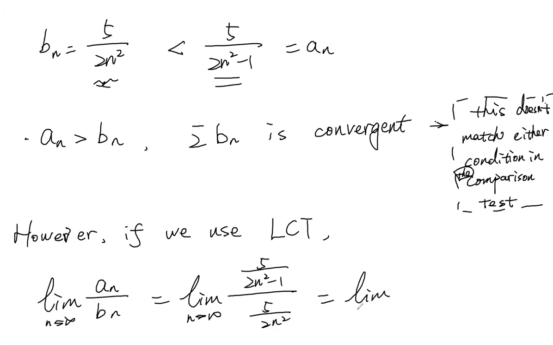This equals the limit of 2n squared divided by 2n squared minus 1. Again, you can use L'Hopital's rule or just divide both the numerator and denominator by the highest power term. Then you get 1, which is neither 0 nor infinity, so it satisfies the condition in the limit comparison test.